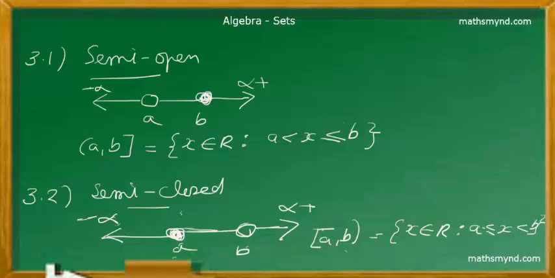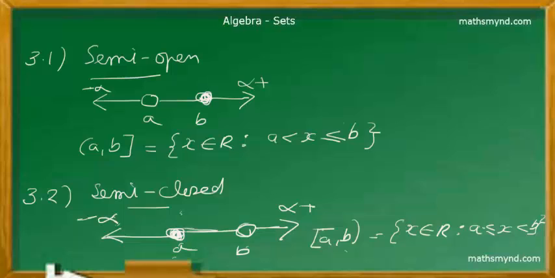As you can easily surmise, it's a less than x, which is less than or equal to b. That's x is an element of real numbers such that a is less than x, which is less than or equal to b, which simply means that b ought to be included, but a is not included in the subset of the real numbers we are referring to.